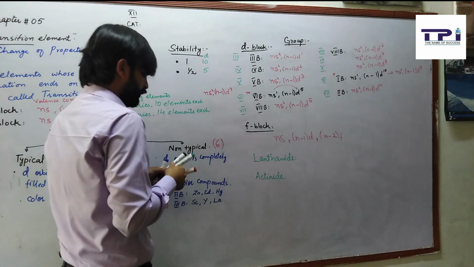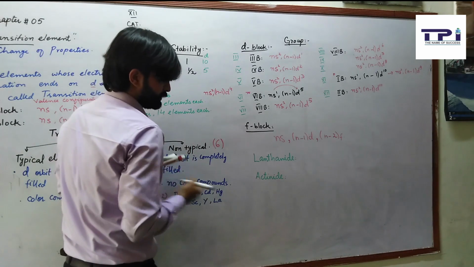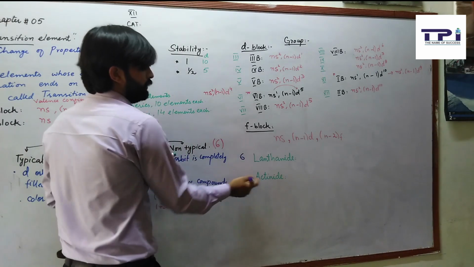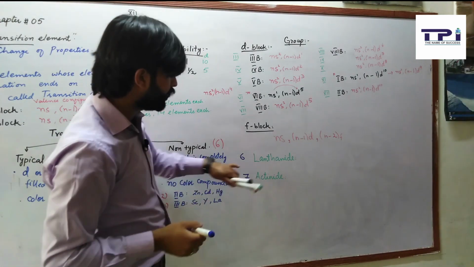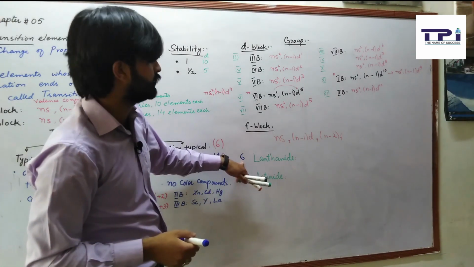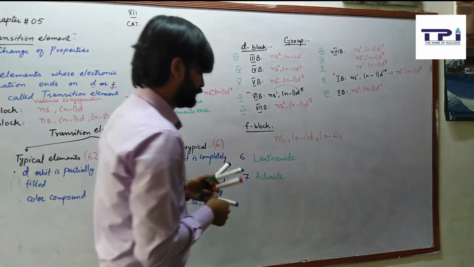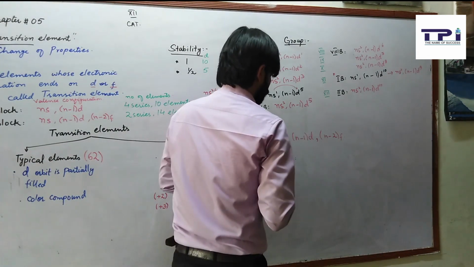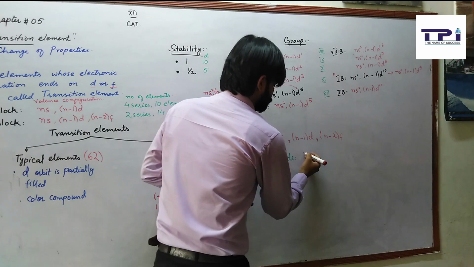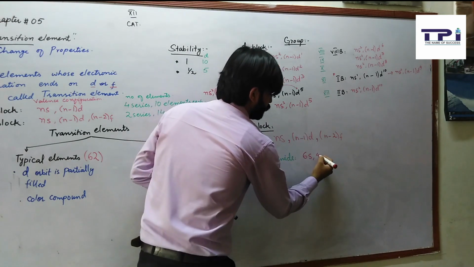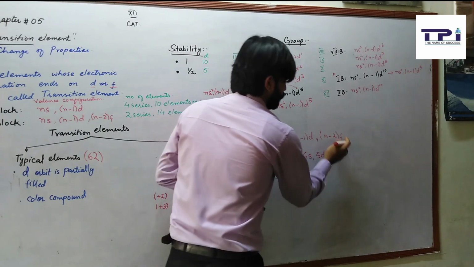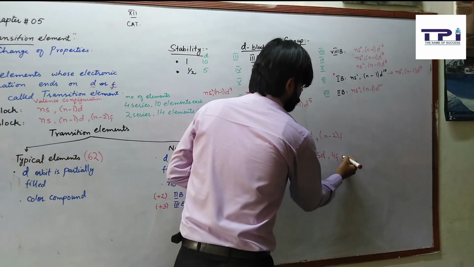Lanthanide belongs to period 6. Actinide belongs to period 7. As it belongs to period number 6, n would be 6. Then you have configuration 6s, (6 minus 1) 5d, (6 minus 2) 4f.